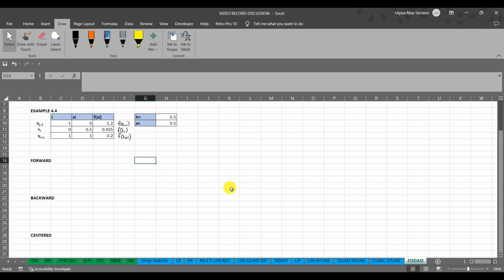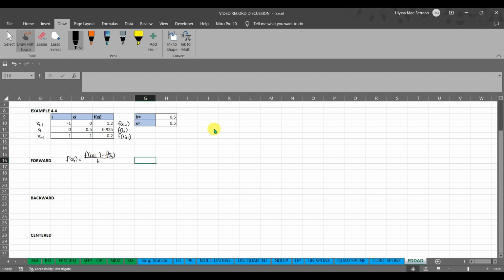So in order to clearly understand where the series of equations comes from, for the forward representation, we are given the first derivative of the function at x sub i equals the function of x sub i plus 1 minus the function of x sub i, all over the step size h.